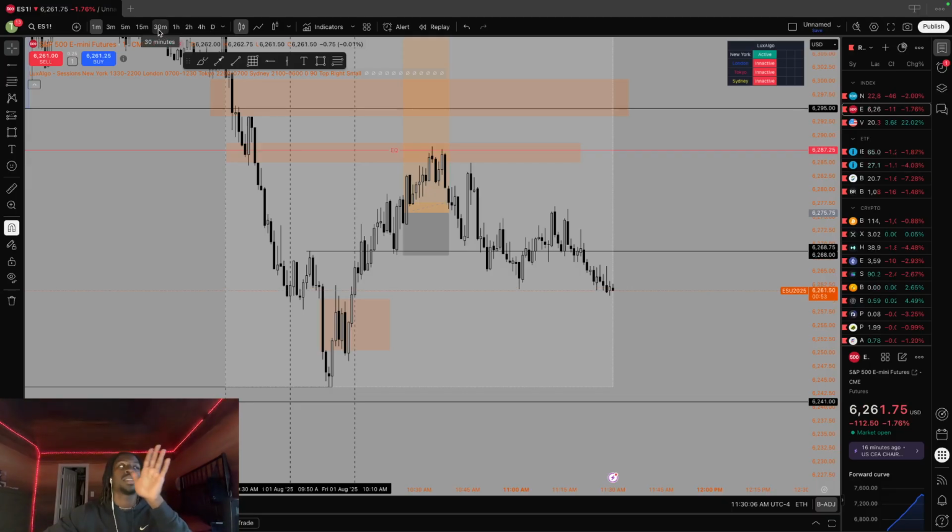We did make a 4 hour SMT, don't get me wrong, but the 1 hour was bearish. The 5 minute was bearish on the one. My 4 hour and 1 hour were in line, but I just needed to see a little bit more confirmation, a little more bullish confluence get respected, for me to be comfortable enough to enter longs.